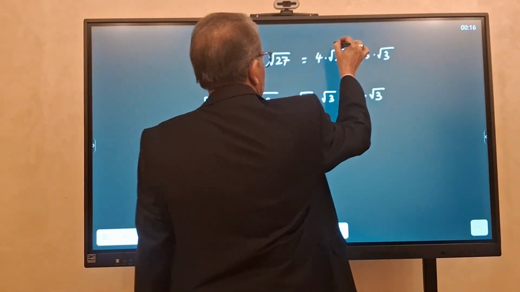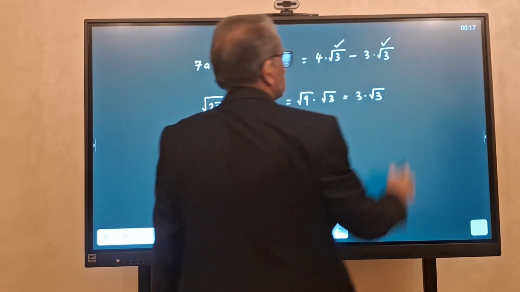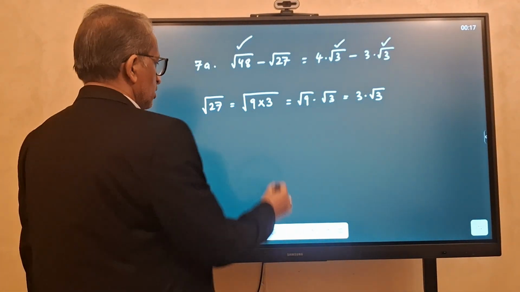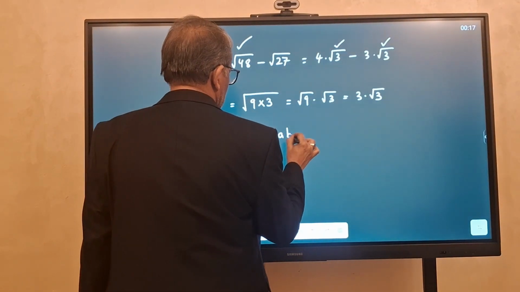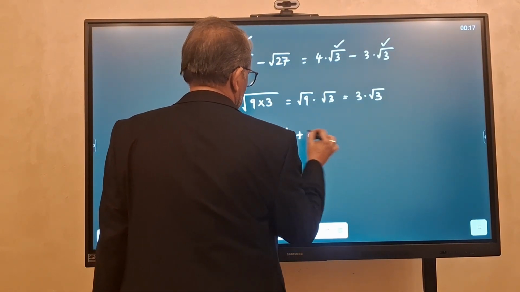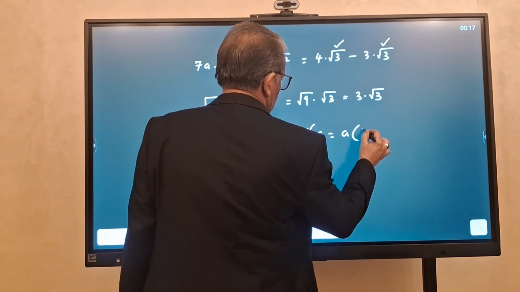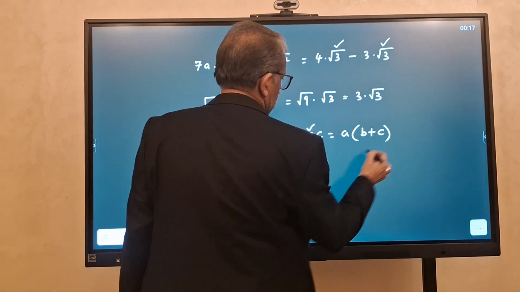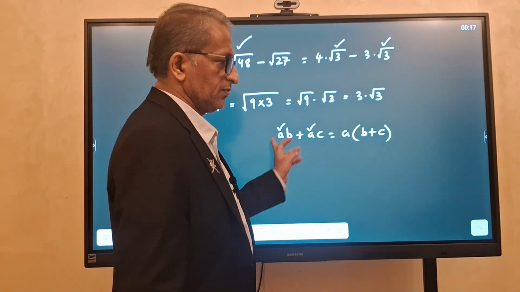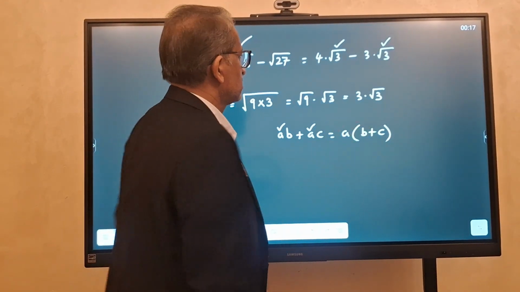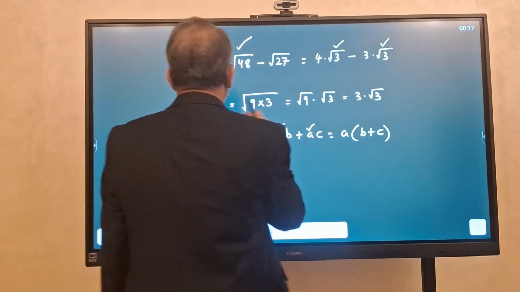So look at it. Same radical. Right? You know that AB plus AC, that means if you have the same common factor, I take it out and it becomes A times B plus C. If it is plus, plus. If it is minus, minus. Similarly, I have the same number here.